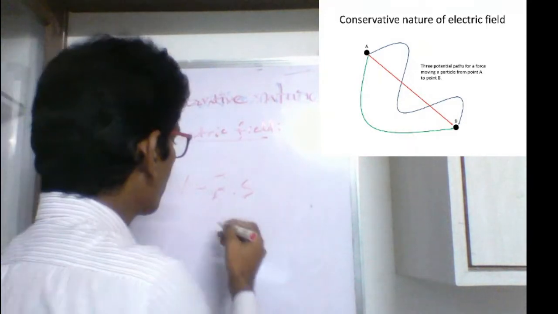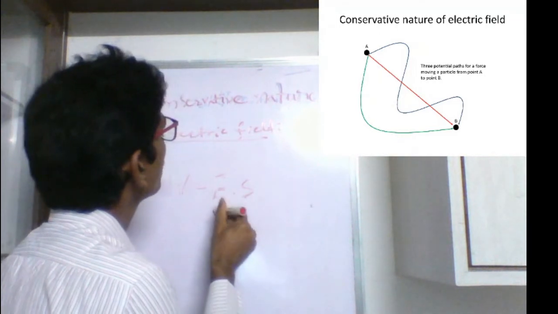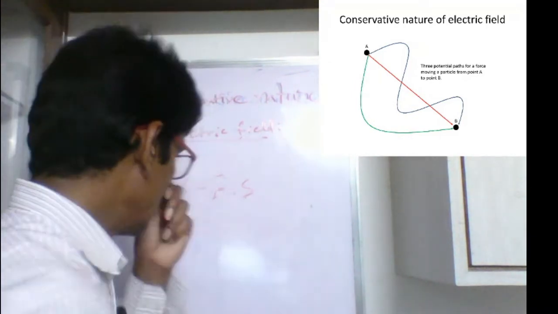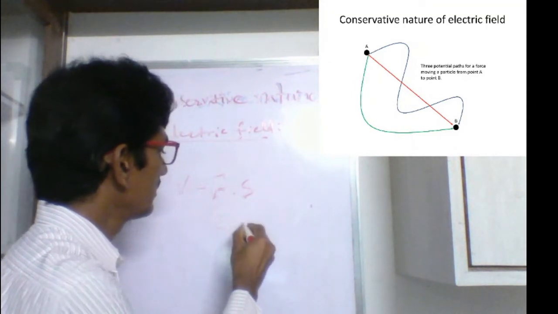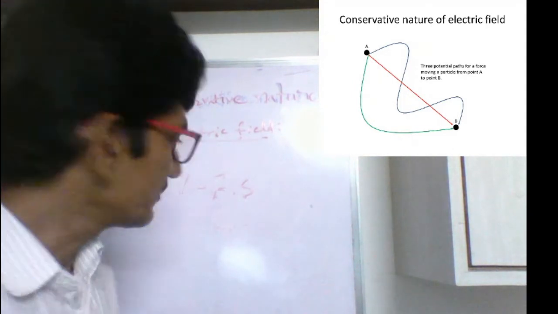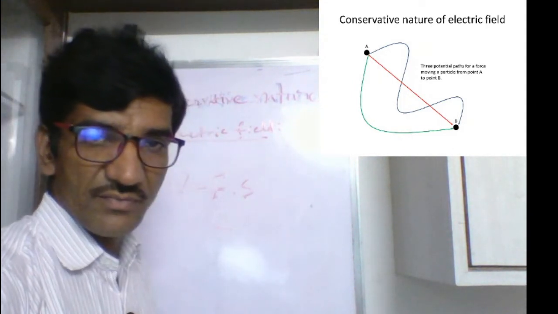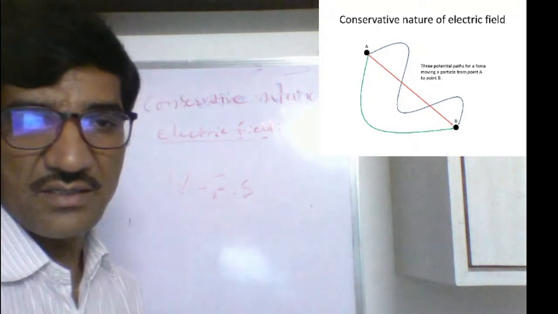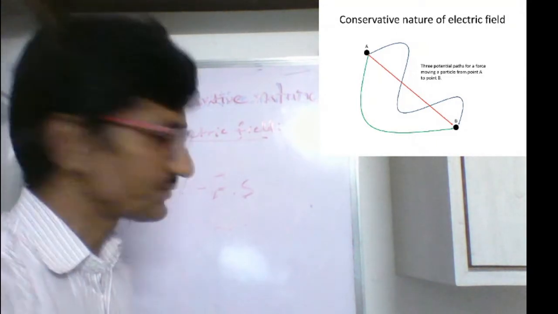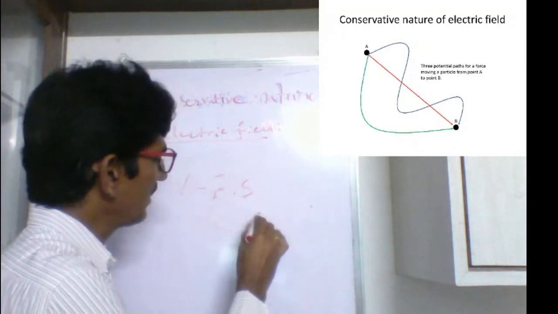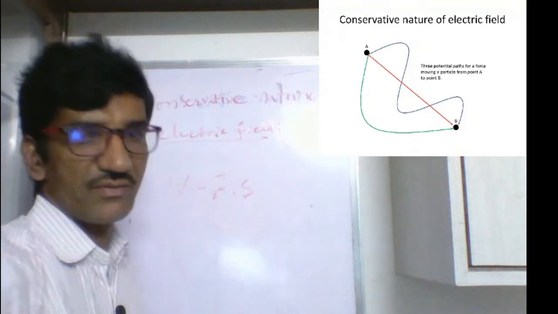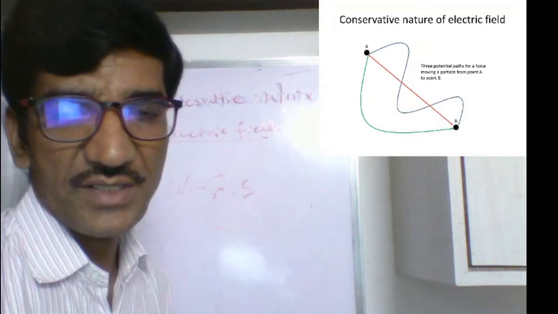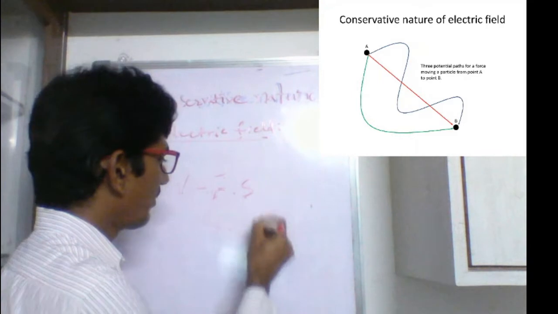Then this F becomes E. E dot L, where L is the length, that means the distance between the initial point and the final point.